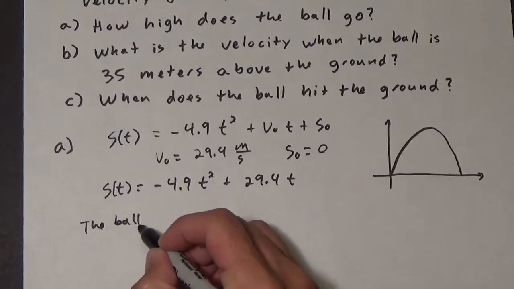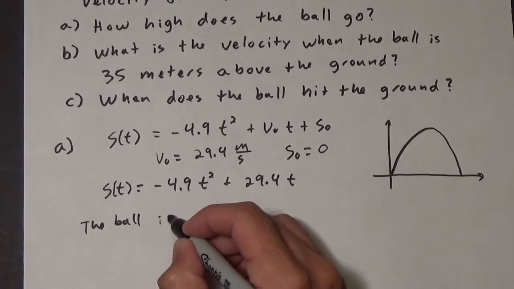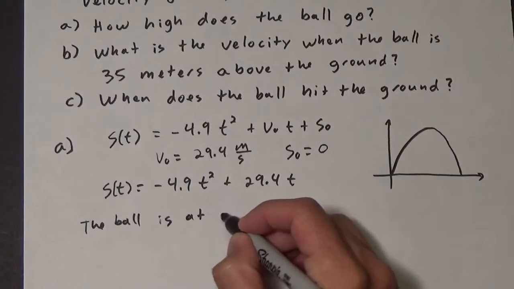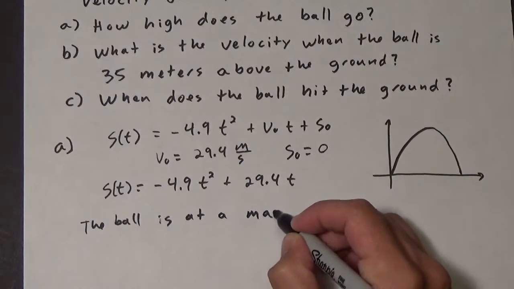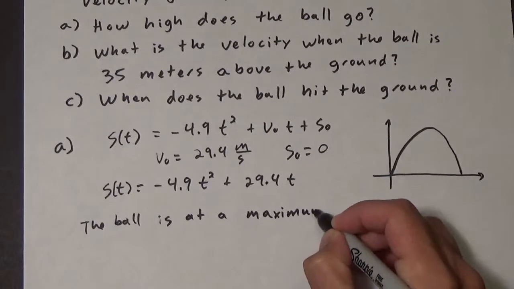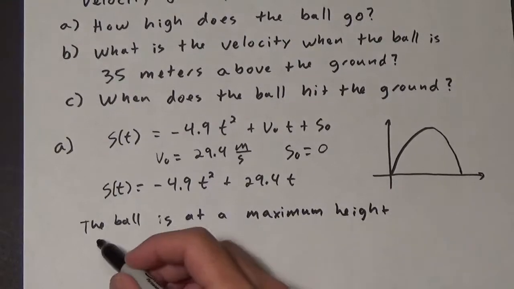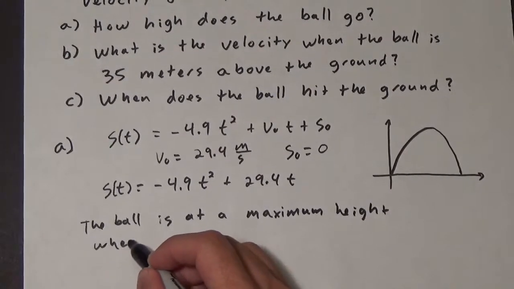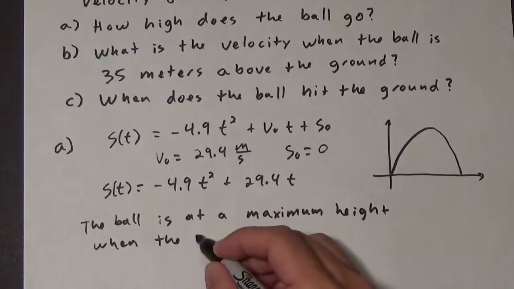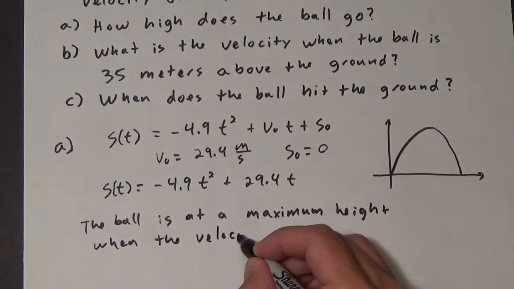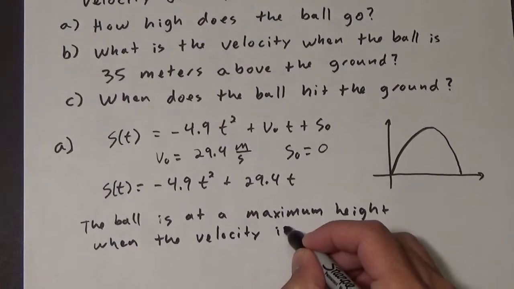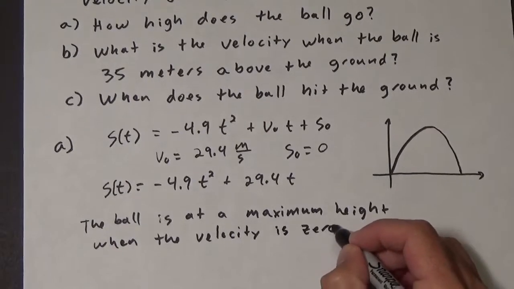The ball is at a maximum height when the velocity is 0.